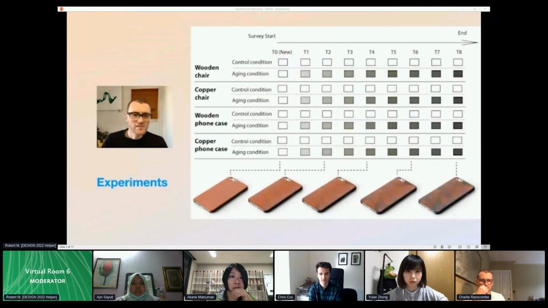So the design of the experiment was one where we had a control condition and an aging condition for each of those product and material combinations. We showed participants an image of the product and then asked them a series of questions, and then moved on to the next point in time where, in the control condition, we show the same product, and in the aging condition, we show the product aged incrementally after a period of time. And so this was repeated for a total of 9 time increments.